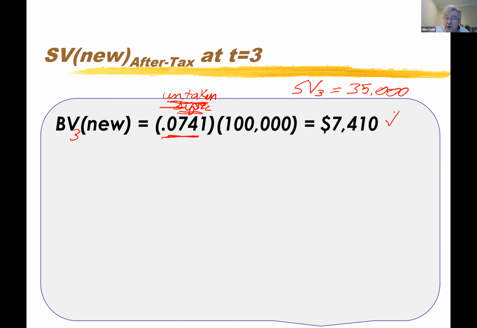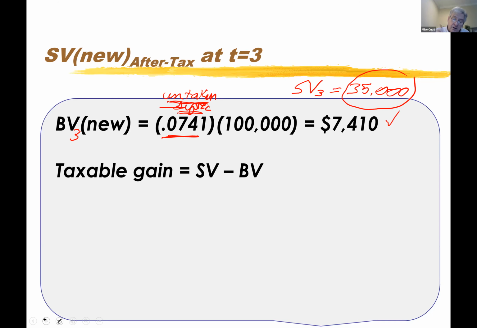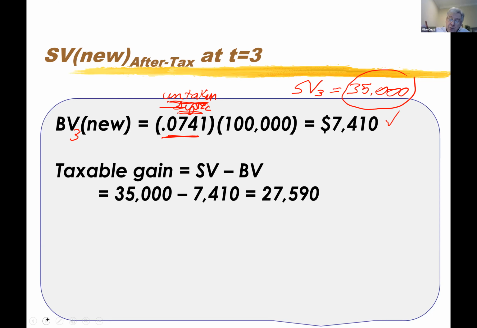At the end of 3 years, the equipment will still have a book value of 7410. Yet we think we can sell it for way above that. So we're going to have a taxable gain. We're going to be selling the equipment at over $27,000 above its book value. We'll have to pay taxes on that gain.